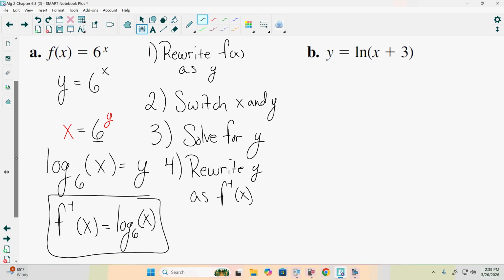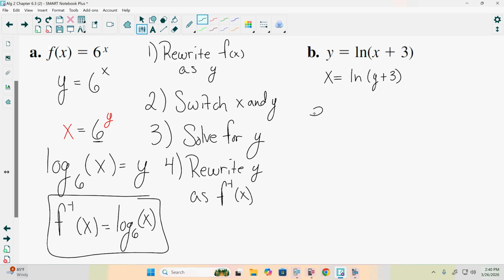Let's look at the next one. y is equal to the natural log of x plus 3. Well, since it's not written as f of x, it's not written in function notation, we don't even need step 1. It's already done for us. Step 2 is to switch x and y. So we'll have x is equal to the natural log of y plus 3. Now, the only real way or good way to get the y out of the log is to rewrite it as an exponential.